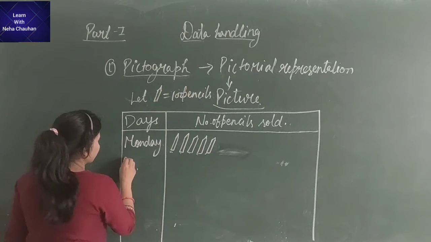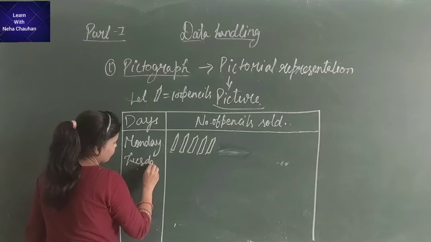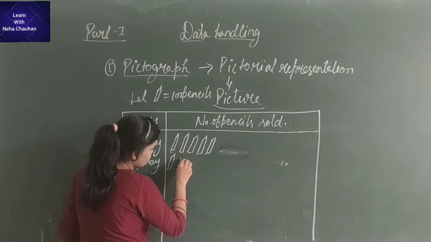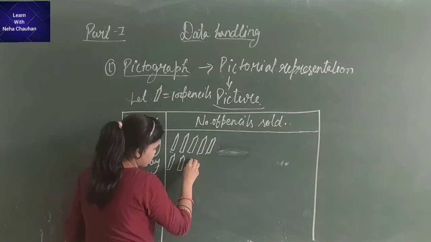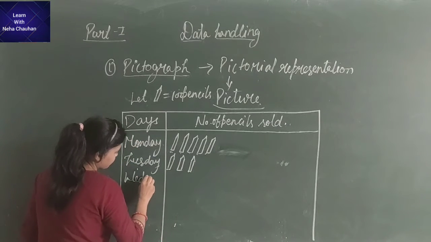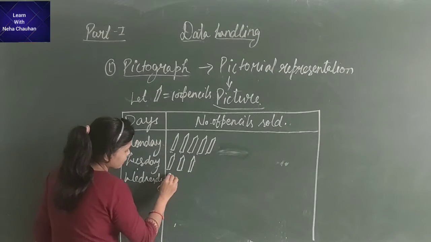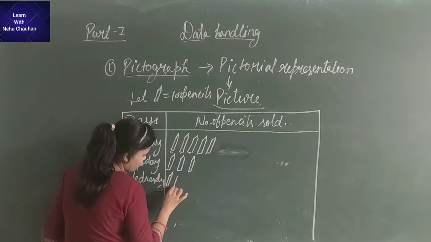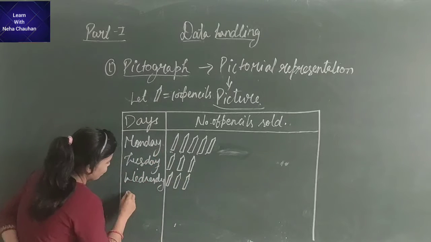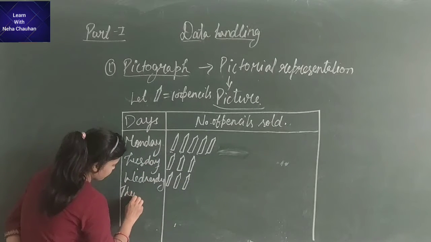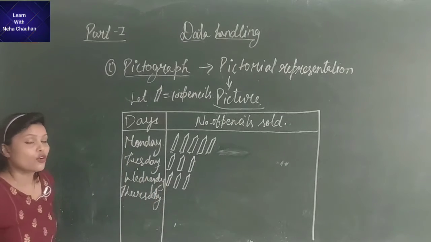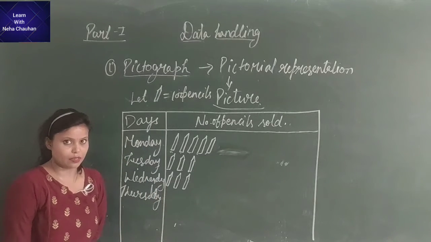So on Tuesday 300 pencils were sold, so we will represent it like this. On Wednesday also 300, so it will also be represented like this. On Thursday 450 pencils were sold, right?